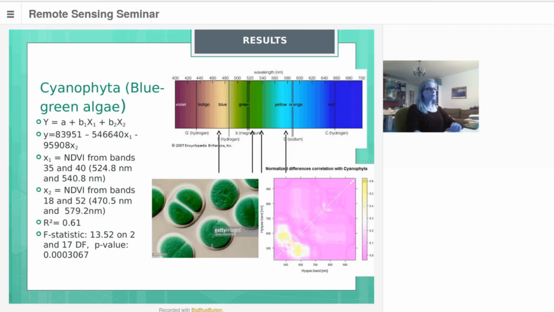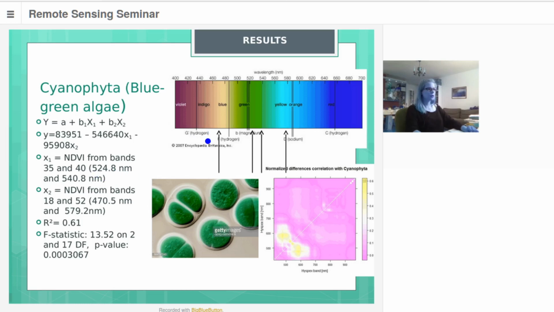Here I've got results for the Cyanophyta phytoplankton group, which is in English blue-green algae. I use different wavelengths for the formula.